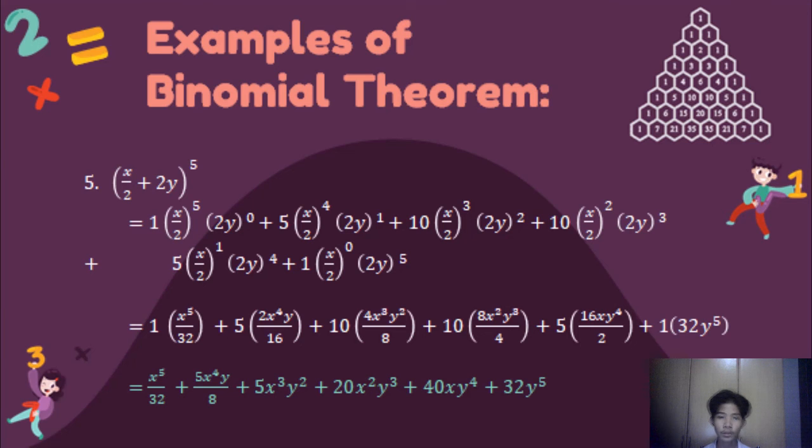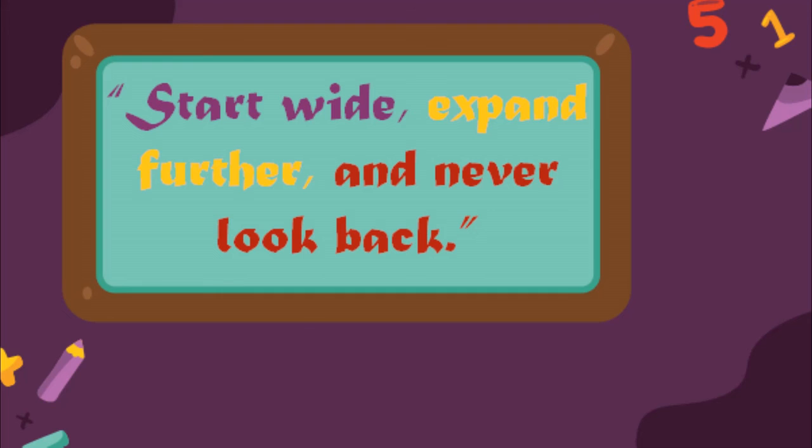So if we simplify it further, it will become x raised to 5 over 32 plus 5x raised to 4 y all over 8 plus 5x cubed y squared plus 20x squared y cubed plus 40xy raised to 4 plus 32y raised to 5.